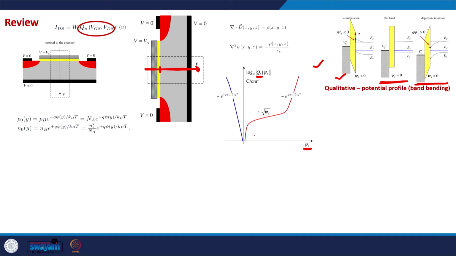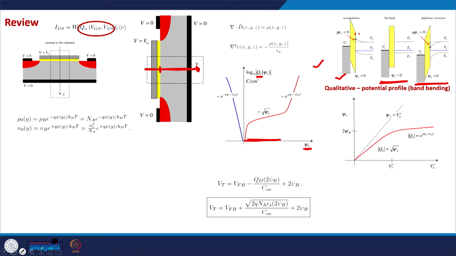This follows this kind of relationship, and as we can see, for low psi s values, the MOSFET is operating in depletion regime, and in the depletion regime the charge is directly proportional to the square root of psi s. But for a large positive value, the MOSFET operates in inversion regime, and in inversion regime the charge is mainly due to the mobile electrons, and that has exponential dependence. So this is the depletion charge, and the inversion charge has the exponential dependence on psi s.